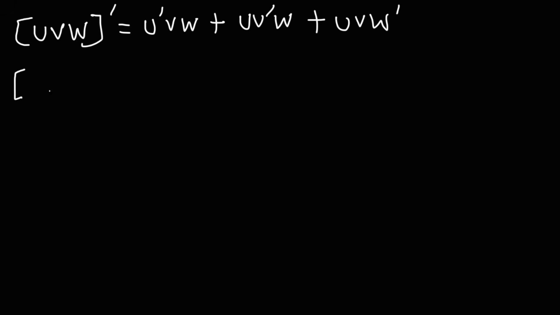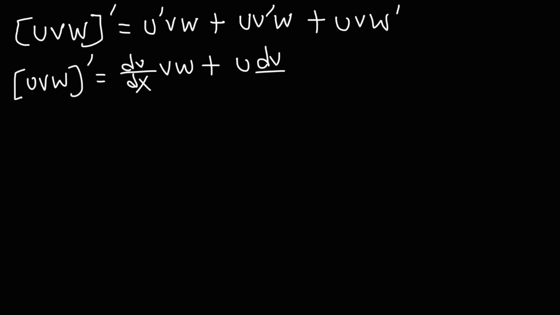So now at this point, let's replace u prime with du dx, v prime with dv dx, and w prime with dw dx. And like before, we're going to multiply every term by dx.